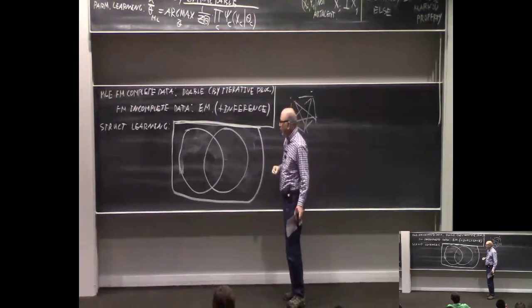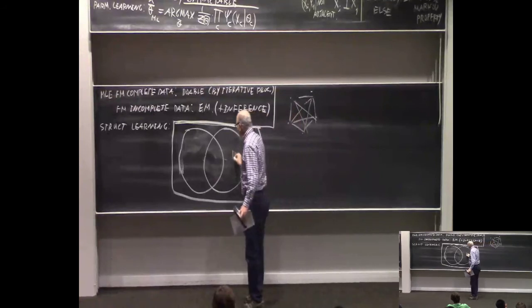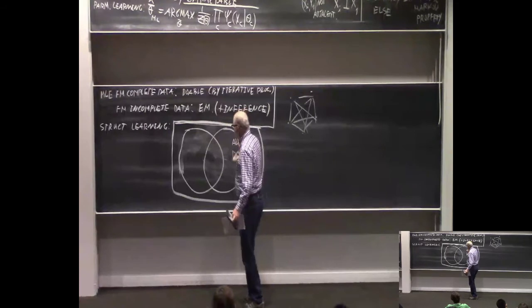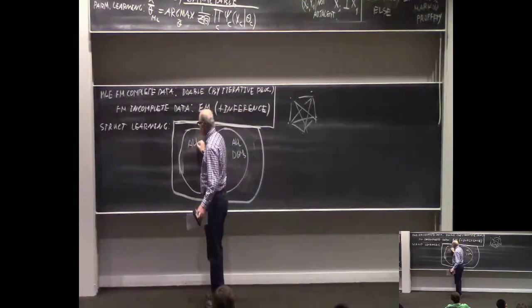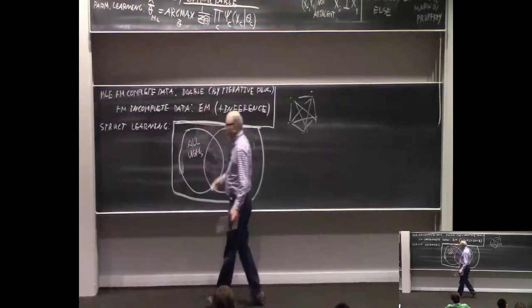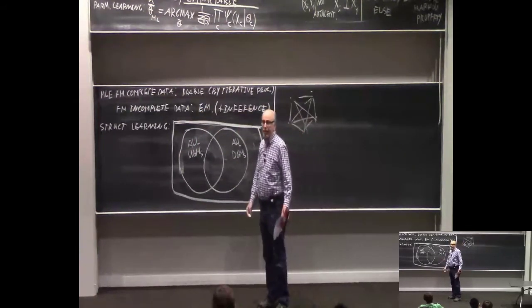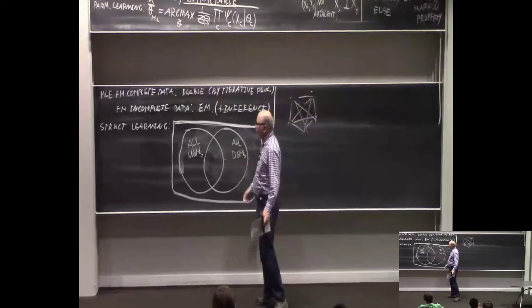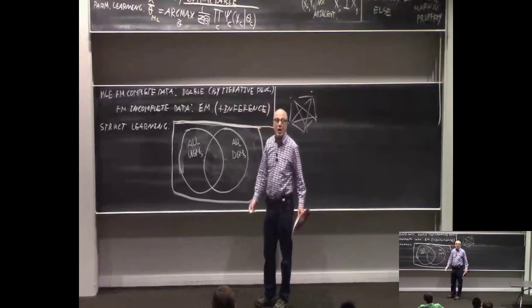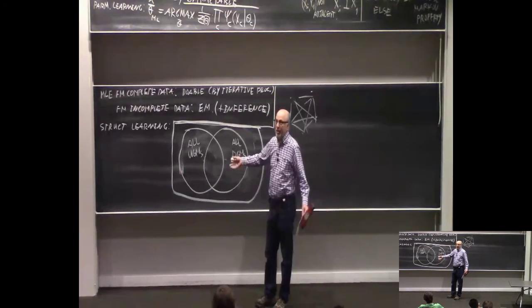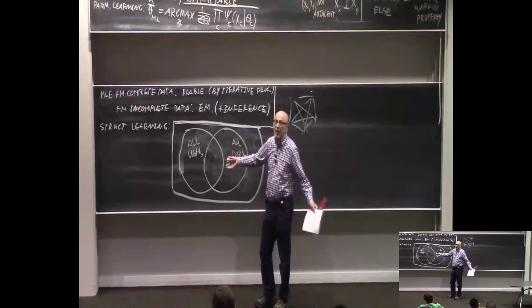These are all the DGMs. These are all the UGMs. They have an overlap, but they also have parts that are separate. In the overlap, we have the two extreme examples that we discussed, where everything is independent of everything else, and also the other one where no assumptions are made. Anything could be dependent.